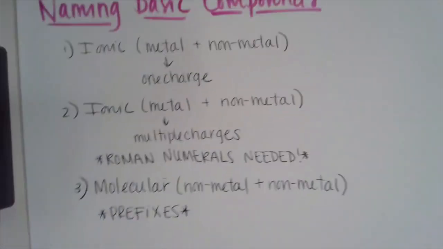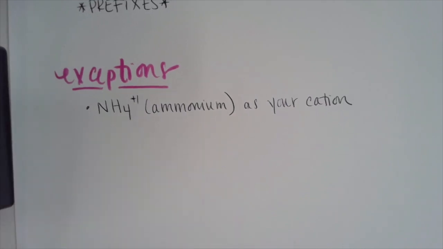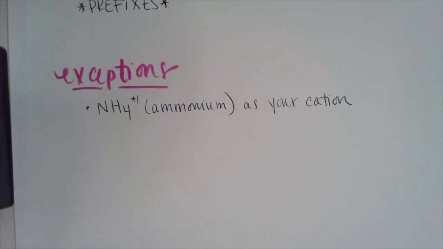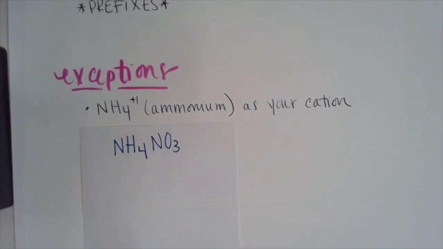The reason why is because when this is in water, technically this is going to dissociate as if it was ionic. So it kind of acts ionic in a way, even though it's not if you look at the formula here. So when you have ammonium as a cation, you still want to name this by just saying the name of the cation.